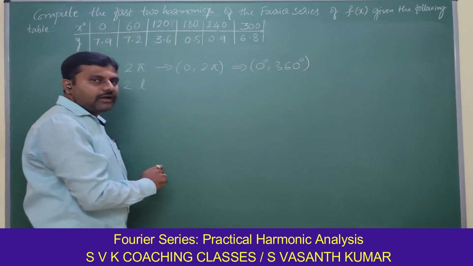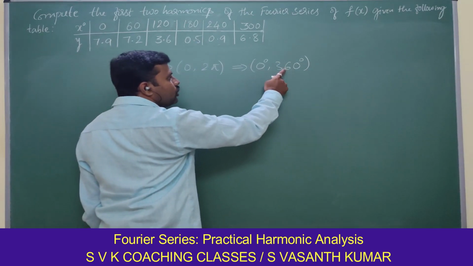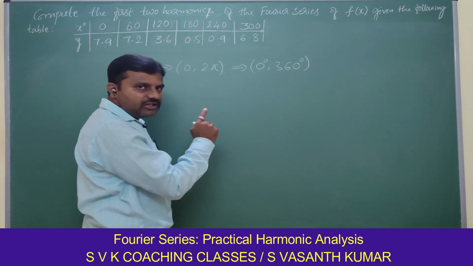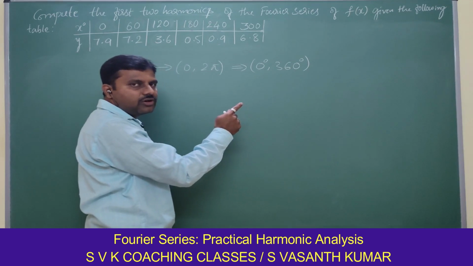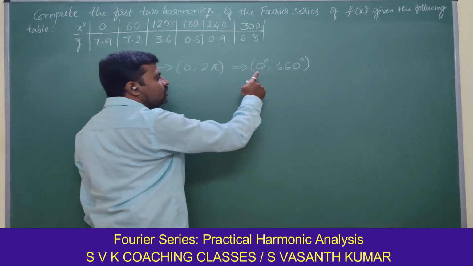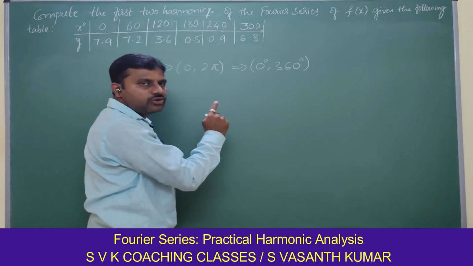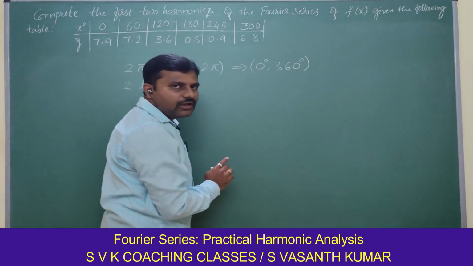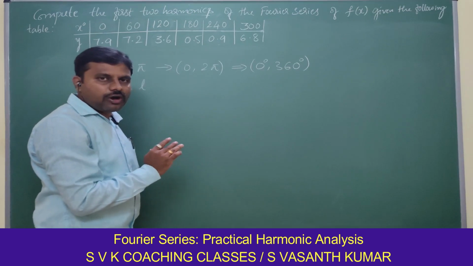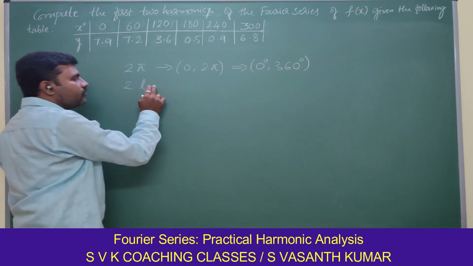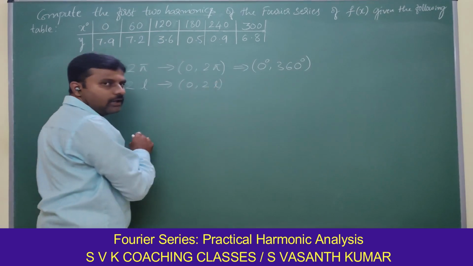In the set of data, if the given interval has both the initial value 0 and the end value 360 degree, kindly omit one of the two values and then go for solving practical harmonic analysis. The same rule follows for arbitrary constant period 2l.